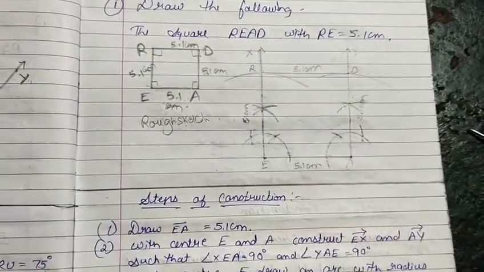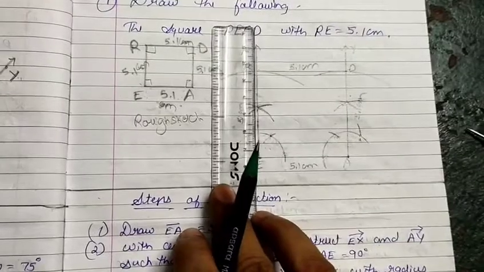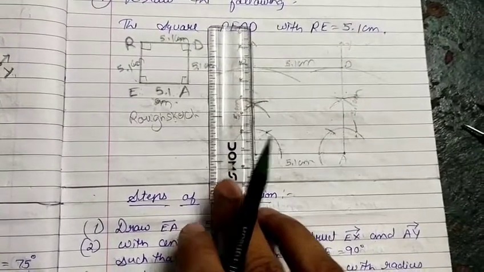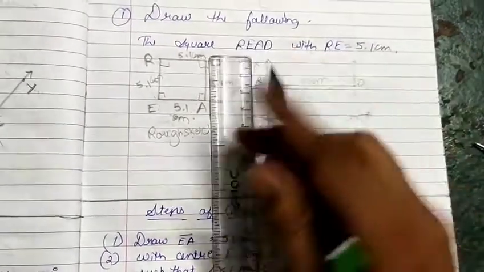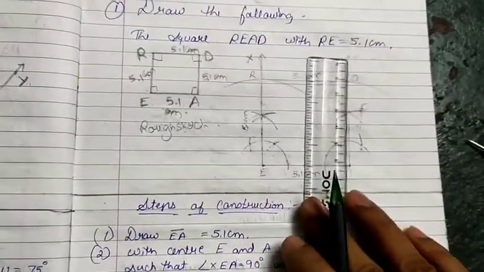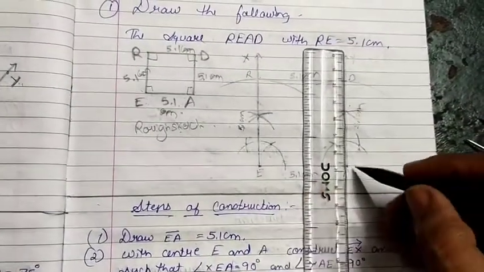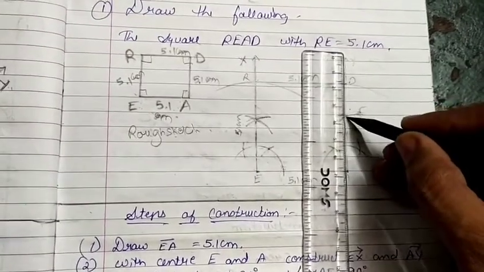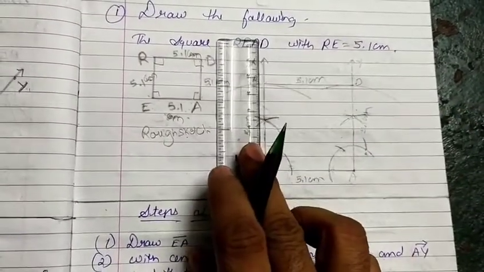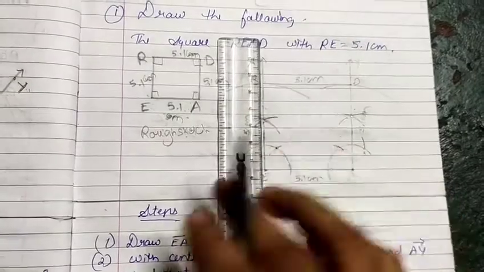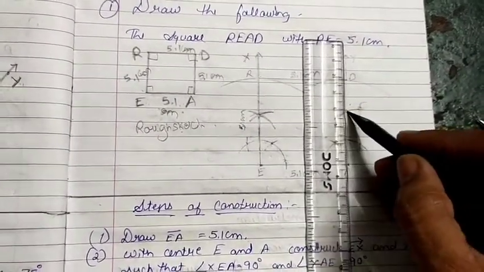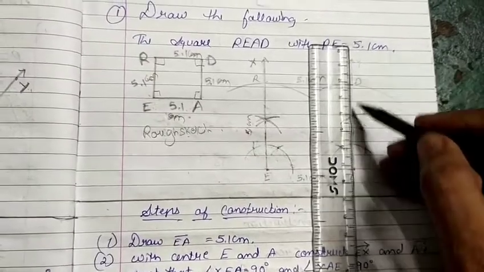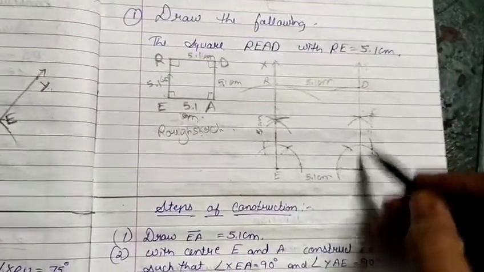Now place your scale like this and try to draw one big ray from E to X. Try to connect this 90 degree point with E, and here also connect A and this connecting point, and try to draw a big ray, name it AY.